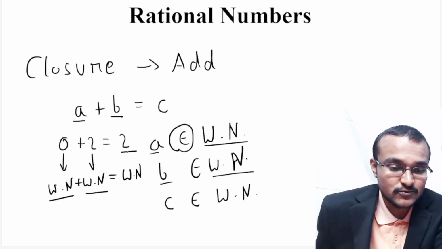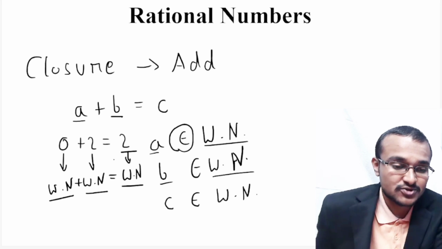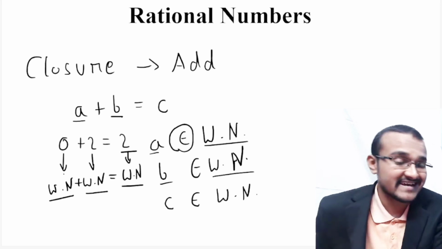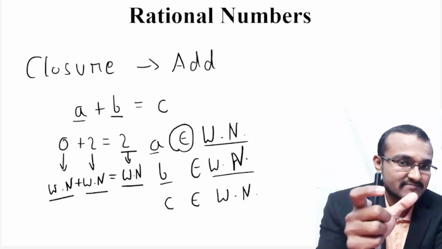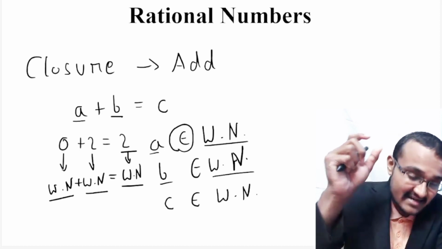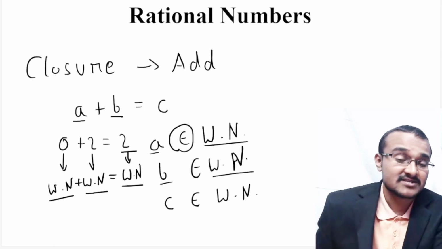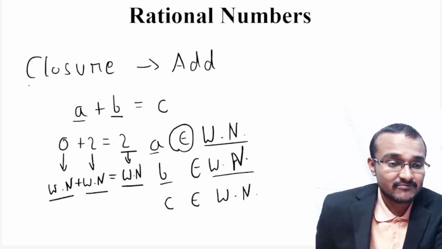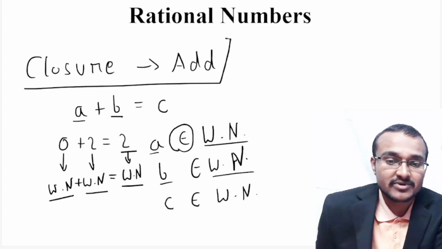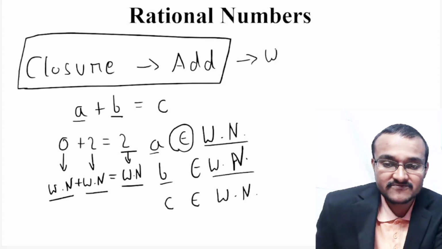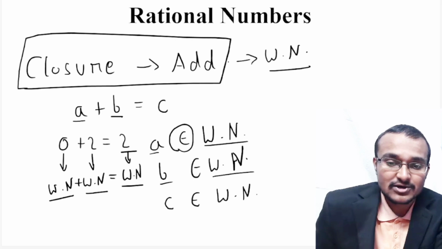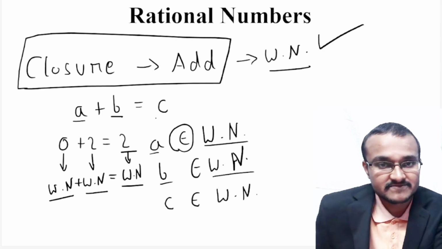Here we are getting 2, which is also a whole number. If you take any whole numbers and add them together, you will get another whole number only. Hence whole numbers will obey closure property of addition.